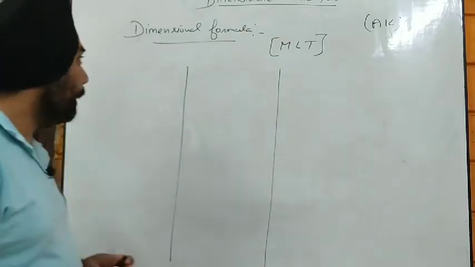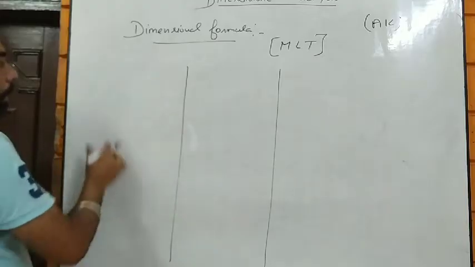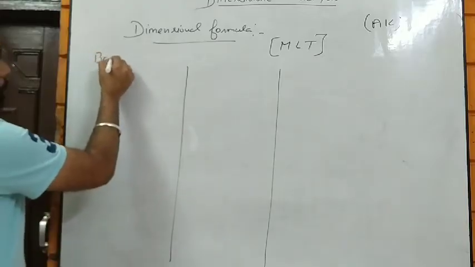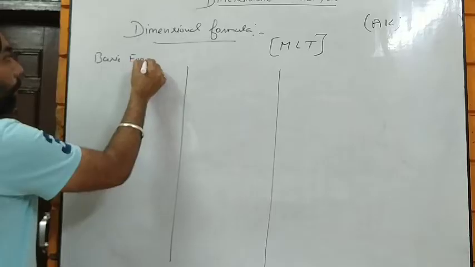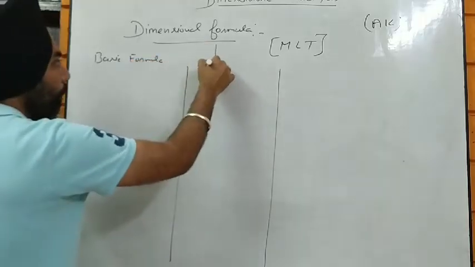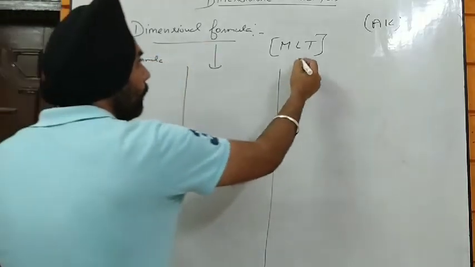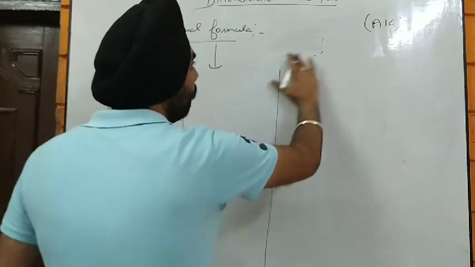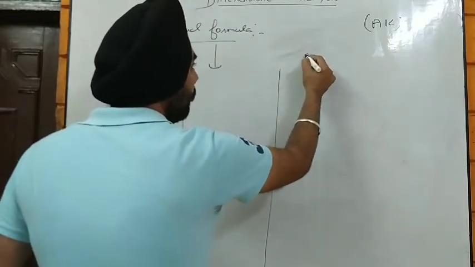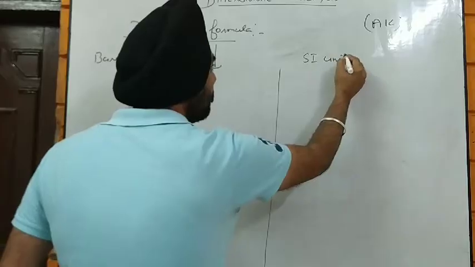Now just focus on that. So in this category we have any basic formula, and for this we have the dimensional formula, and from that we get the SI units.